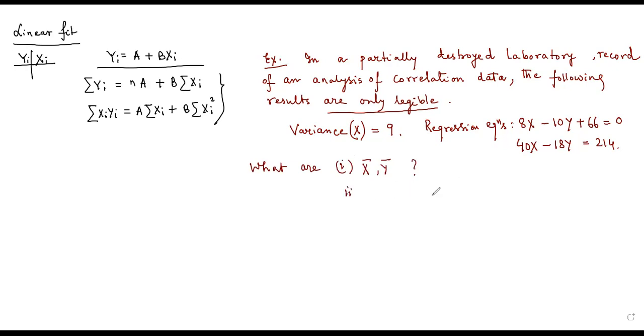Number 2, the correlation coefficient between X and Y. Number 3, the standard deviation of Y. So from this information that is given, can I retrieve the following 1, 2, and 3? That we need to find out.